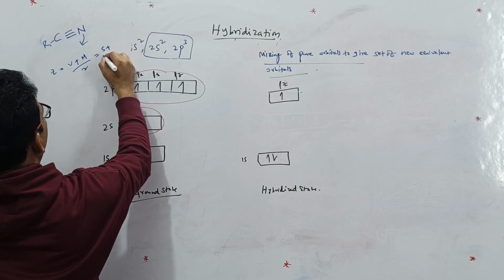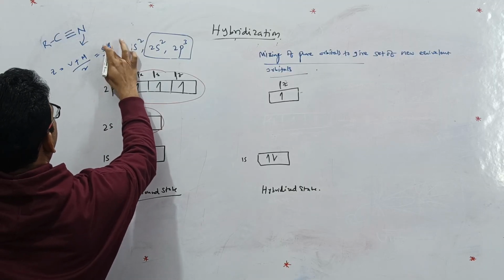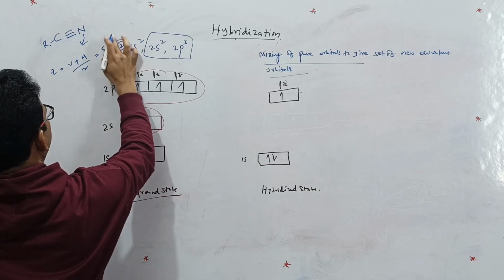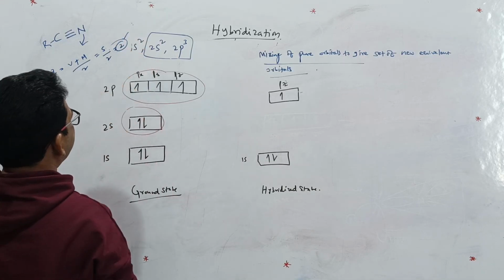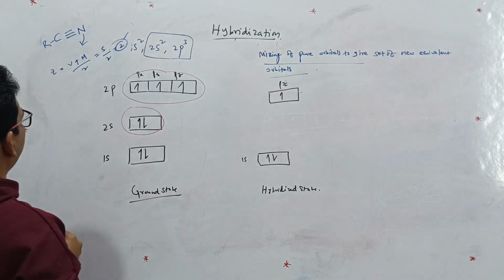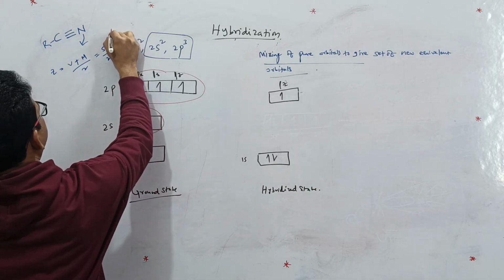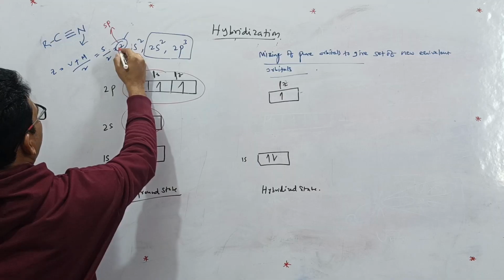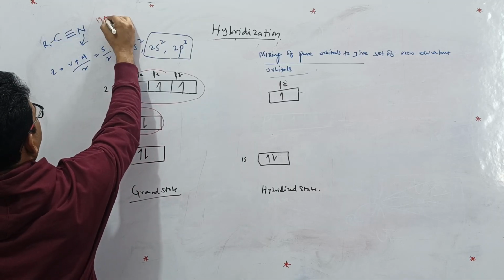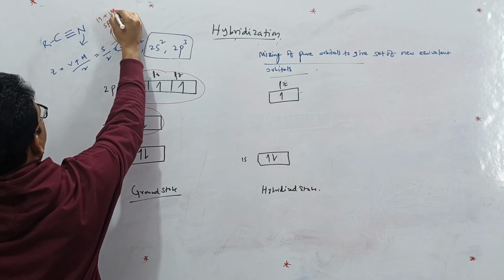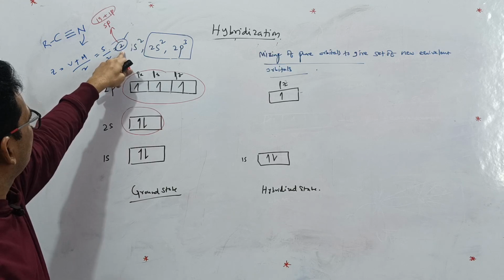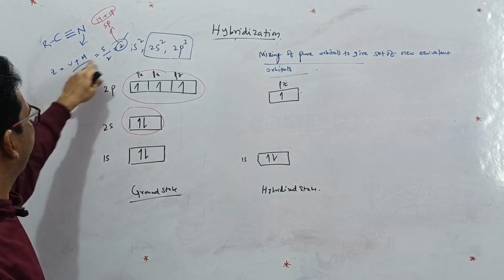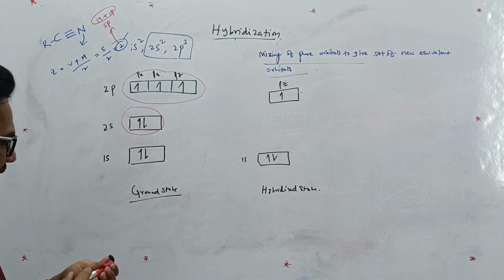That's why it will be 0. 5 by 2 gives around 2. 2.5 means around 2, you have to think like that. 2 means what type of hybridization? 2 means sp hybridization, because in this case it is one s and one p. That's why it is going to give two new equivalent orbitals. How many orbitals is the hybridization going to produce?